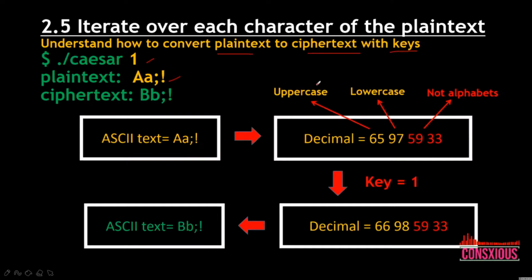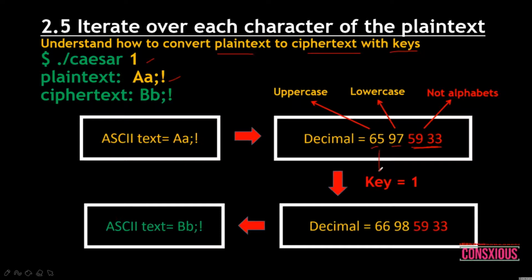As you can see, this is uppercase, lowercase, and some symbols which are not alphabets. This is the decimal for semicolon and exclamation mark. The target here is to remain these two, but change these two according to the key.